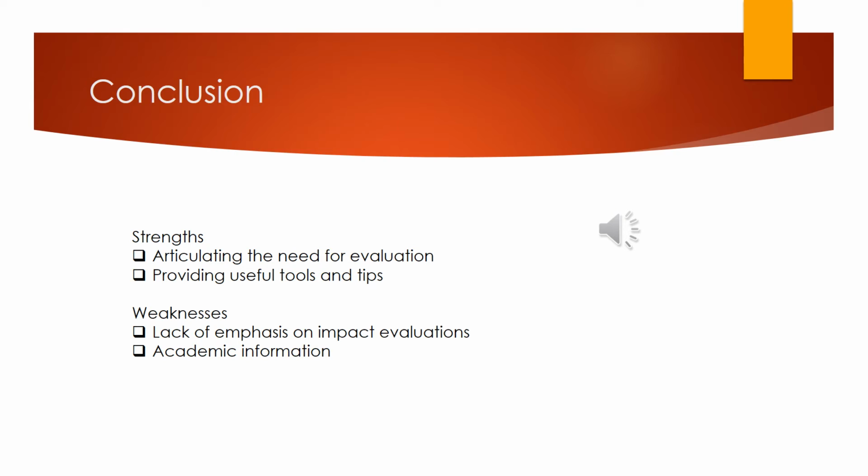Overall, this website included a lot of great information on how to conduct evaluations and the value of evaluations, but in a couple of areas it was lacking, most notably in the impact evaluation department. And also, considering the fact that this group intends to benefit nonprofits in the New Mexico area, there was very little information about geographical advantages or challenges of running nonprofits in New Mexico.